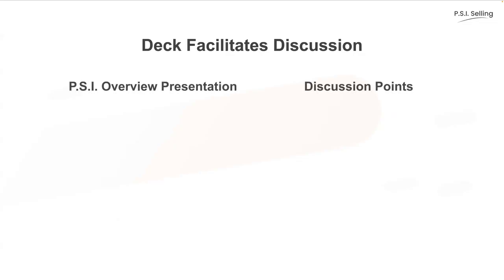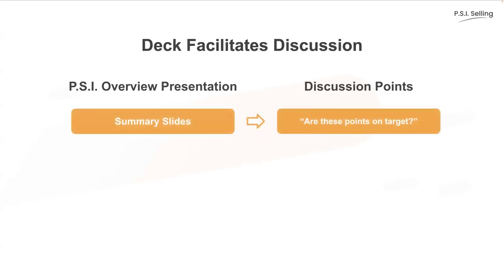So the other really important purpose of this deck is to facilitate a productive discussion. And so let's talk about how you're going to manage that conversation as the deck unfolds. We will take a look at each section one at a time. So you're going to kick off with the summary slides. And when you're on the summary slides, you want to gather as much information as you comfortably can.